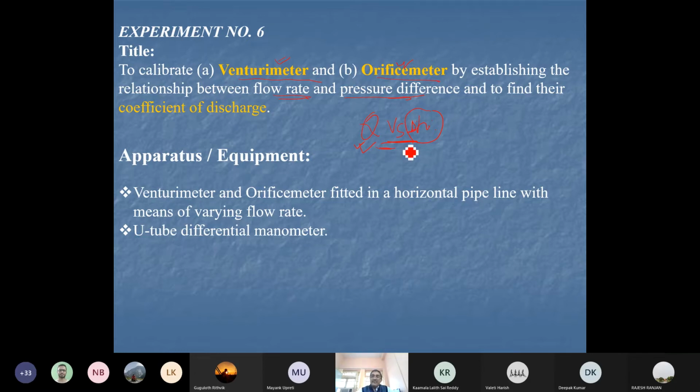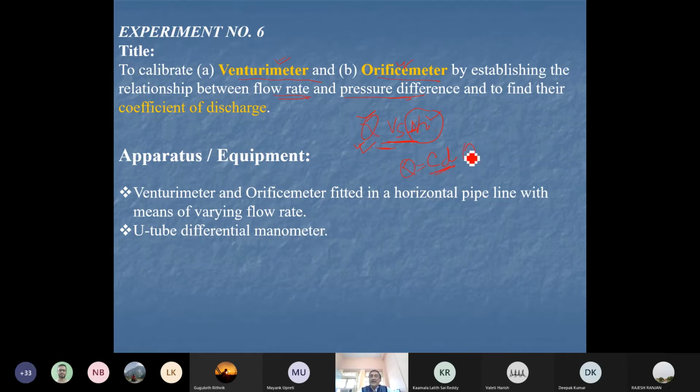Another condition is here. If you recall, we discussed the development of a relationship between discharge and head difference. There is theoretical calculation of discharge versus practical. Because of practical conditions, the theoretical discharge is multiplied by a coefficient, called the coefficient of discharge.